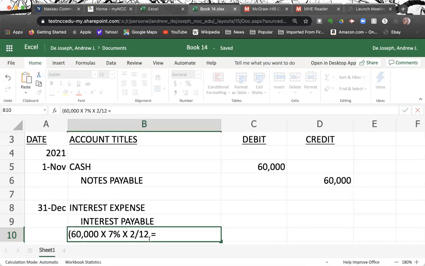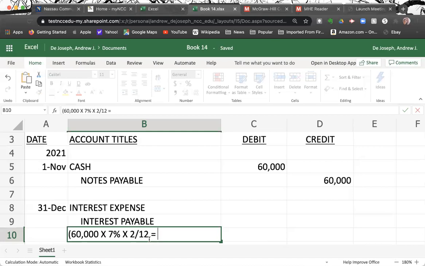So what I like to do whenever I can is if I take 60,000 times 0.07, that's $4,200. Remember, $4,200 is how much interest would be for 1 year, 12 months. I don't need 12 months. I only need 2.